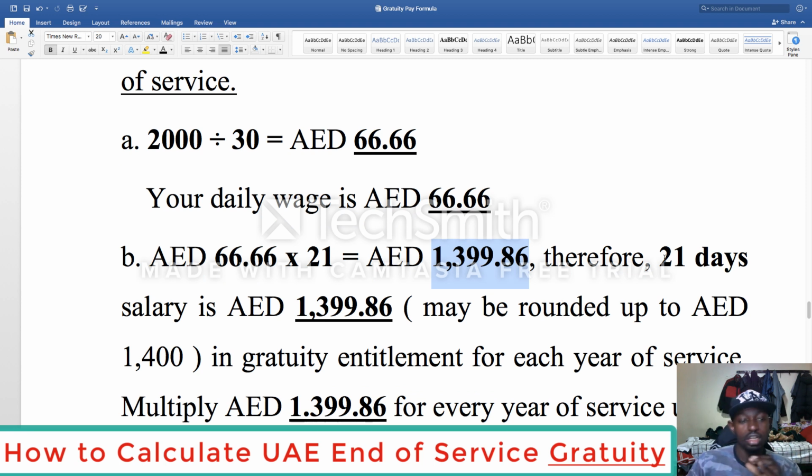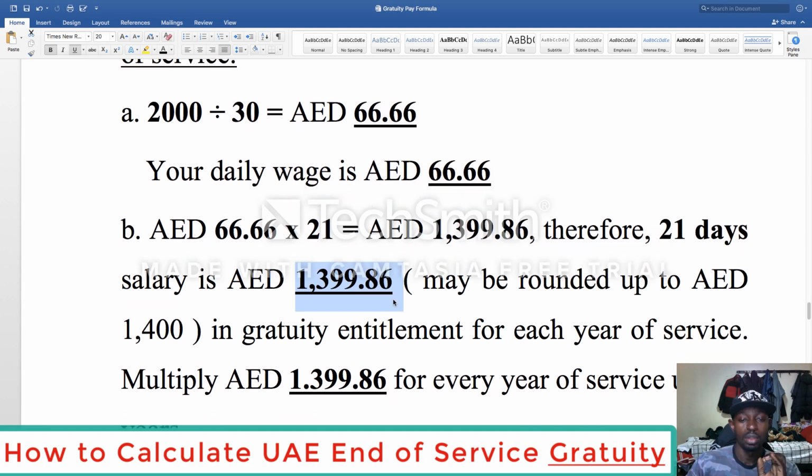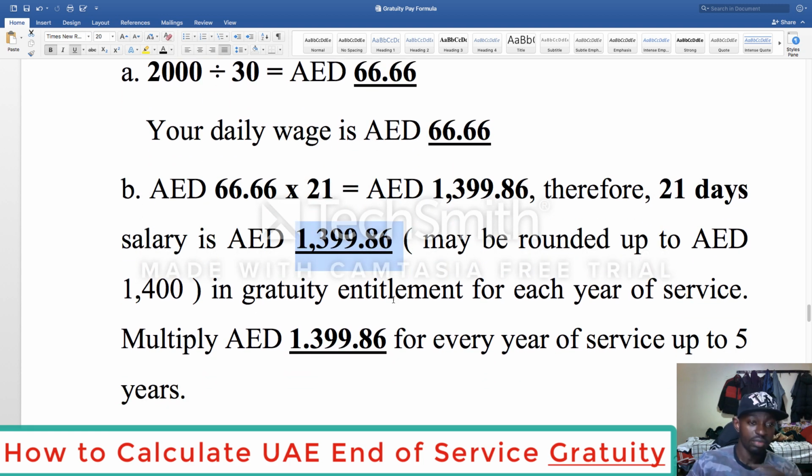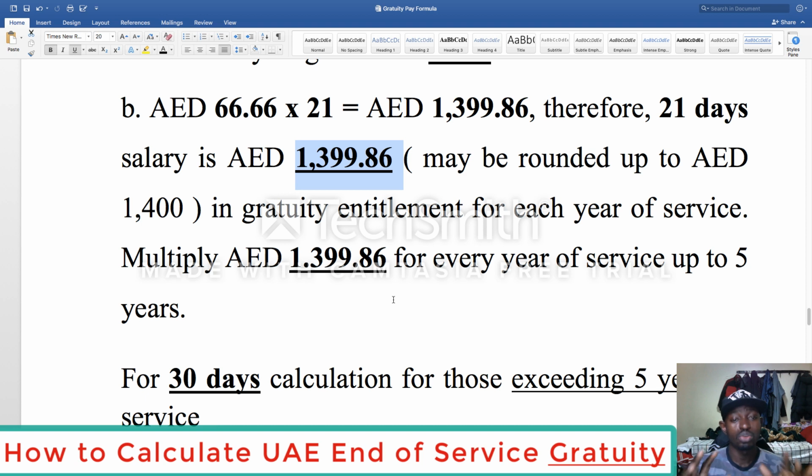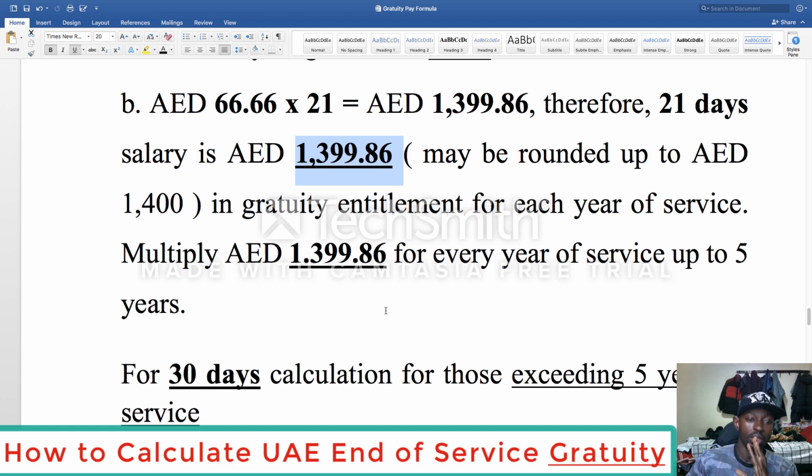Therefore, as you can see, 21 days wage is equal to this amount. Some employers might even round it up to 1,400. Now, this is the amount of gratuity that you're entitled to for 1 year. Now, just take this amount and multiply by the total number of years you've worked in that company. Between 1 to 5 years, you just multiply. You have your gratuity for your entire duration of working in that company.